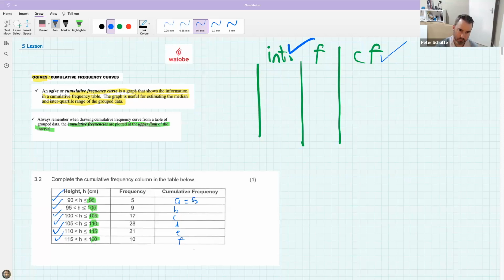The first one is a bit boring. A has to be 5. And then that has to be 14. What am I doing? I'm just going 5 plus 9 gives me 14.